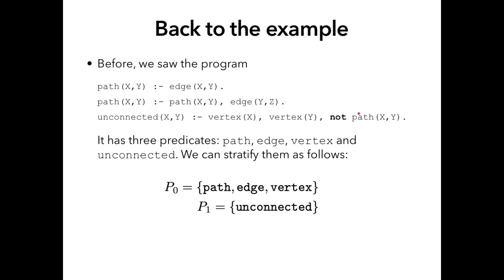So path must have been computed before we could find out if X and Y are unconnected. So path must live in an earlier stratum. Path also mentions edge. So path and edge and vertex should live in the same stratum, and unconnected should live in a later stratum.